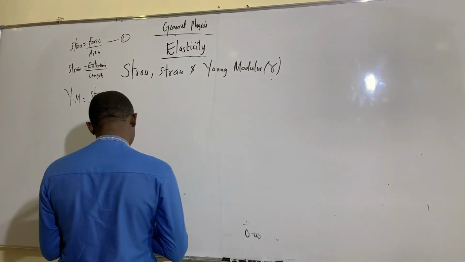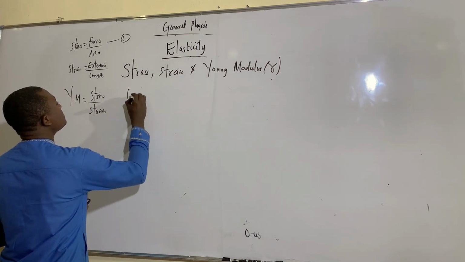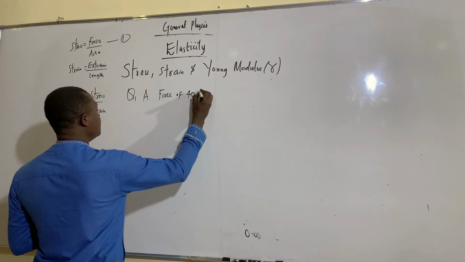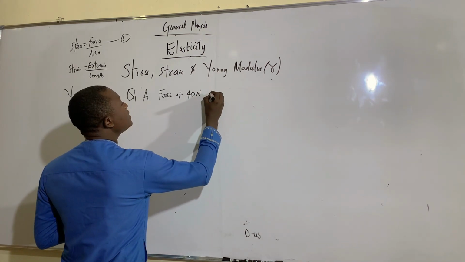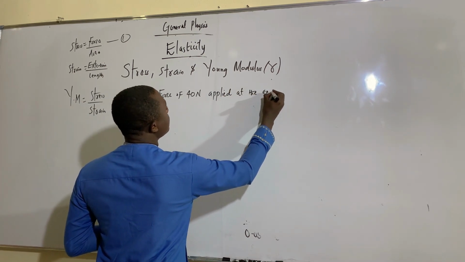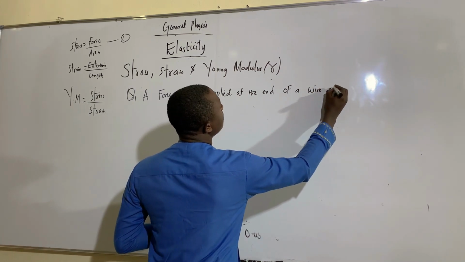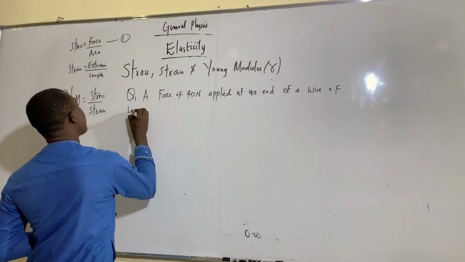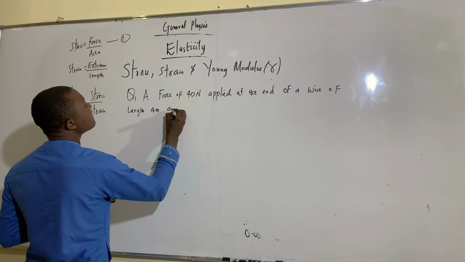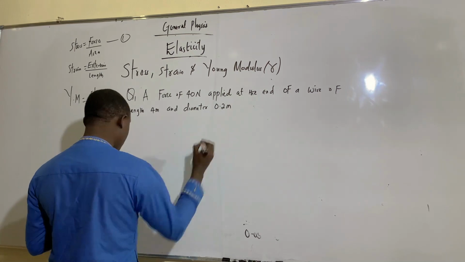So the question that we have from here, they said, question 1, a force of 40 Newton applied at the end of a wire of length 4 meter and diameter is 0.2 meter.